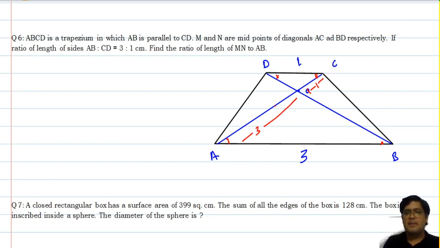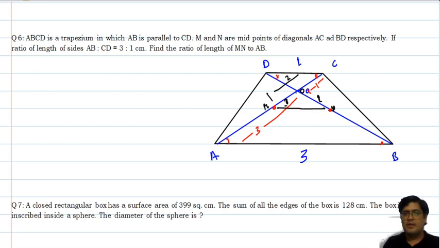Now M is the midpoint and N is the midpoint. If these are the midpoints, that means these distances are 2. From C up to M, the length is 2. From C up to O, the length is 1. So from O up to M, the length is 1. From O up to N, by symmetry of the structure, it will be length 1.